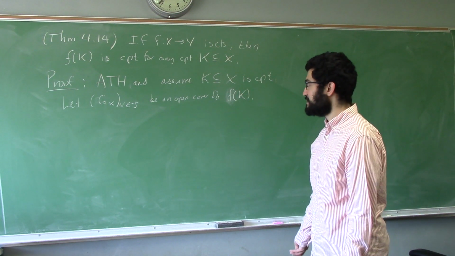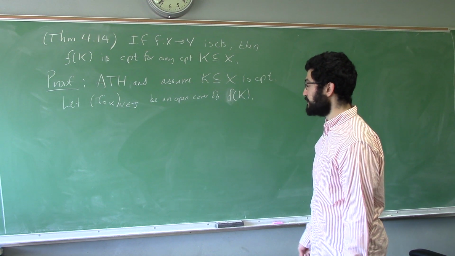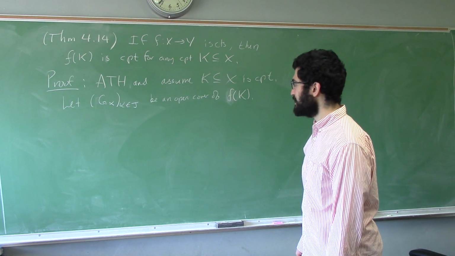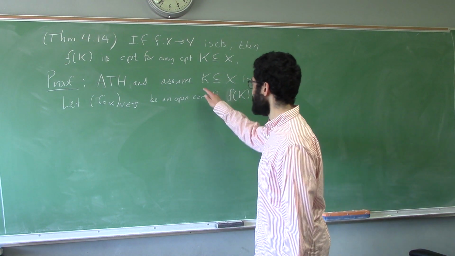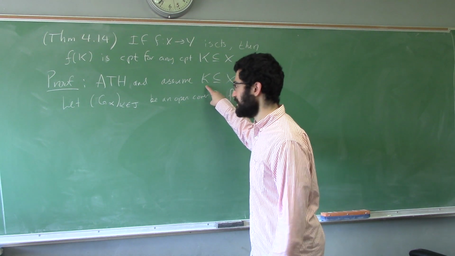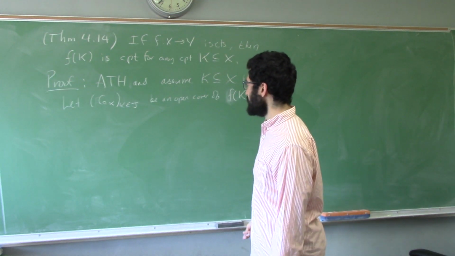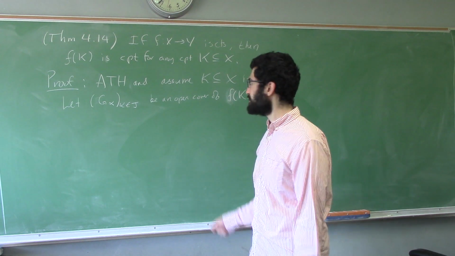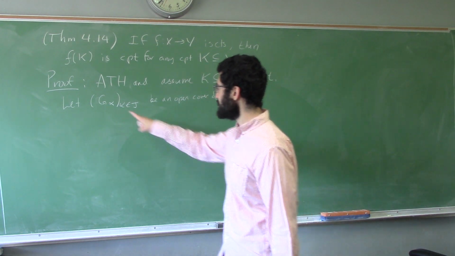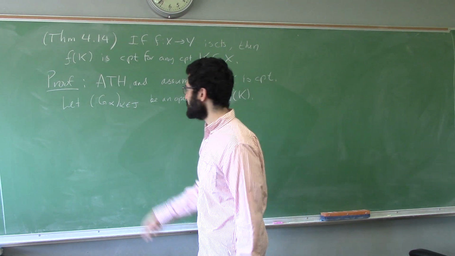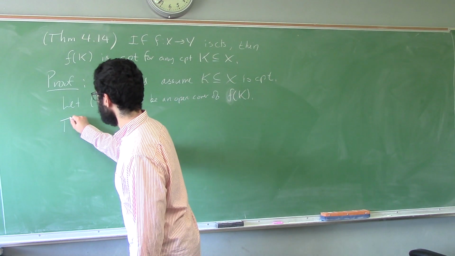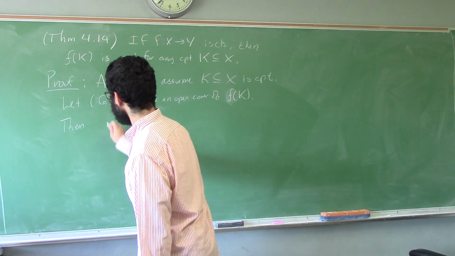So somehow we have to use the fact that every open cover of K has a finite subcover. So how can I make use of that hypothesis? Well, here's a convenient way to get an open cover of K. Take the preimages of the G_alphas.